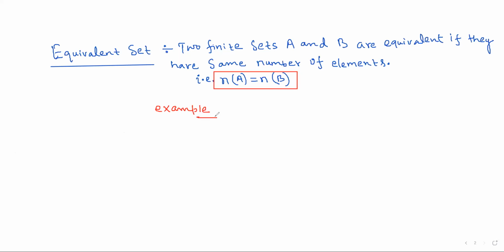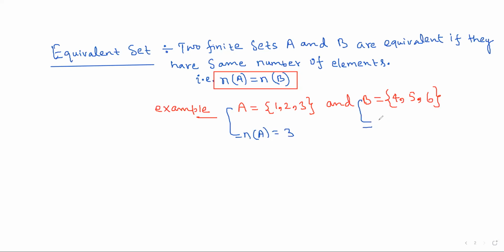Basic example. Let's say A is equal to {1, 2, 3}, and B is equal to {4, 5, 6}. So guys, just consider one thing here. What is n of A? Simply, beta, n of A is equal to 3.